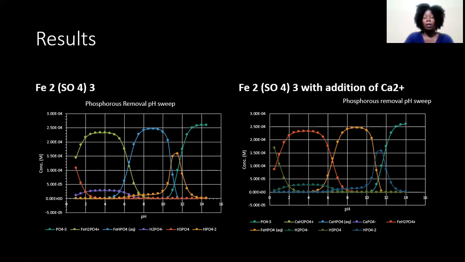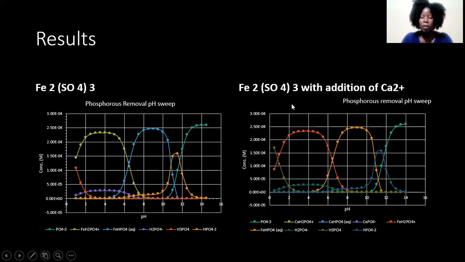The reason we're using iron to remove phosphate is that we want the phosphate to bond to the iron, so it can become insoluble and then it doesn't become active in the water, thereby causing the effects that we've talked about. So these 2 lines are very important to us. The other forms of phosphorus that we see down here are in very low concentrations. So in this simulation, we would want our water to be at 6.5 pH.